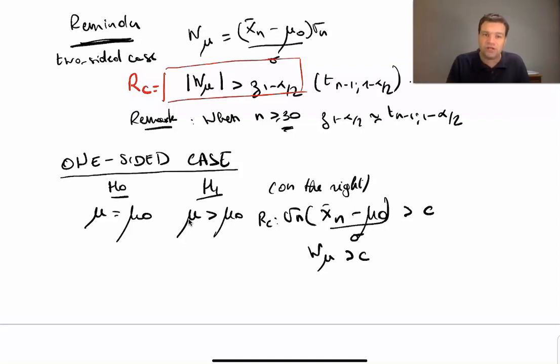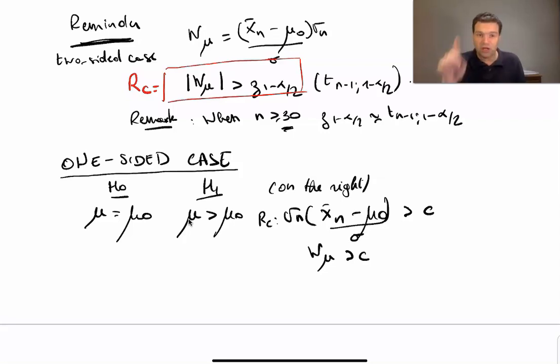The critical region in every hypothesis test has a maximum value alpha. This is the definition of the level of significance of a test.